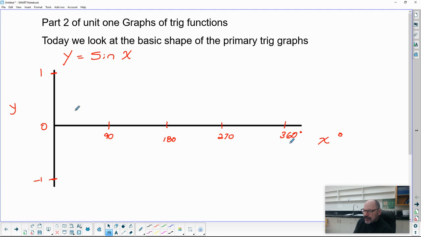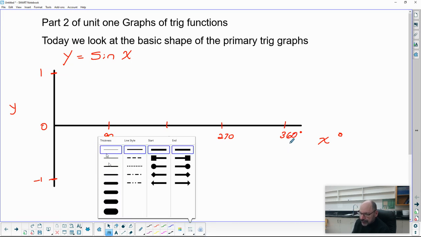Now we're going to get the basic shape here looking at the unit circle. Once you get the basic shape, you'll be able to memorize it pretty easily. So let's do the sine graph here in blue, just so it's different than the axis.